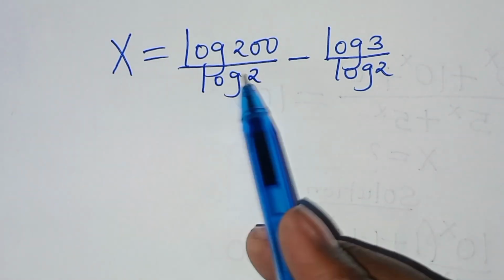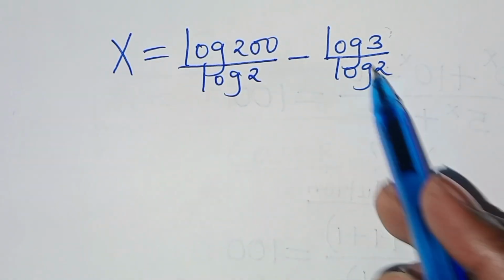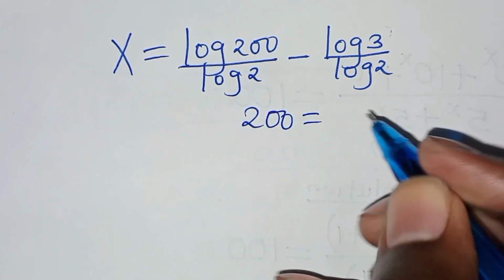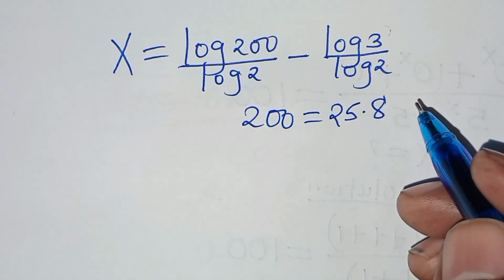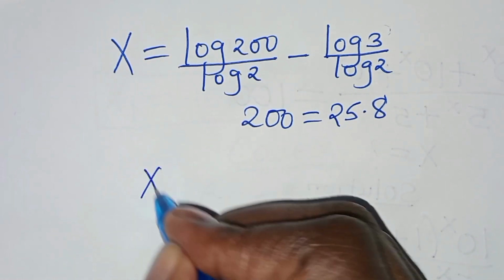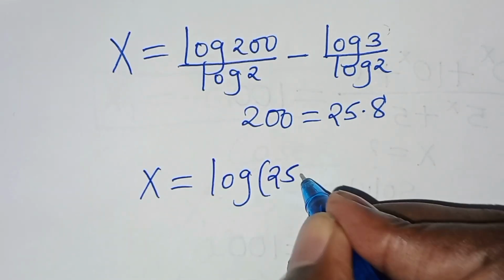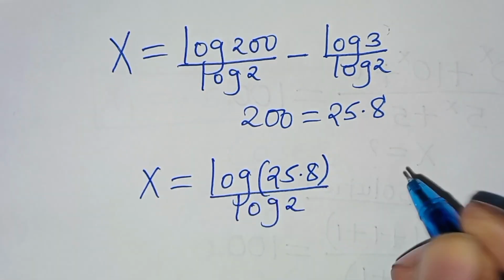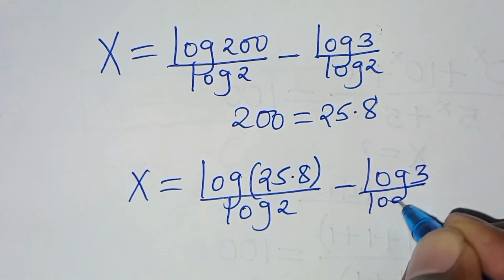So we have x is equal to log 200 over log 2 minus log 3 over log 2. So we can express 200 as 25 times 8. So let's substitute this. We'll have x is equal to log 25 times 8 divided by log 2, subtract log 3 divided by log 2.